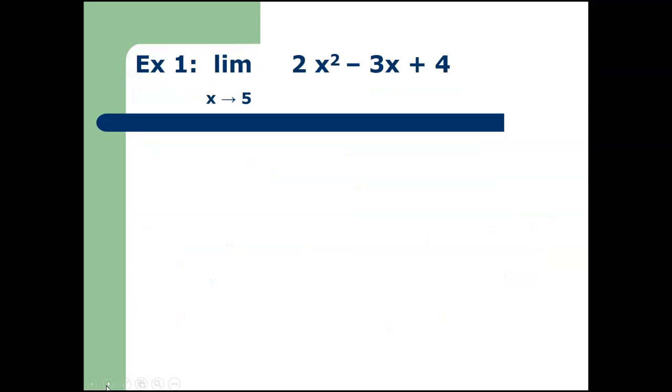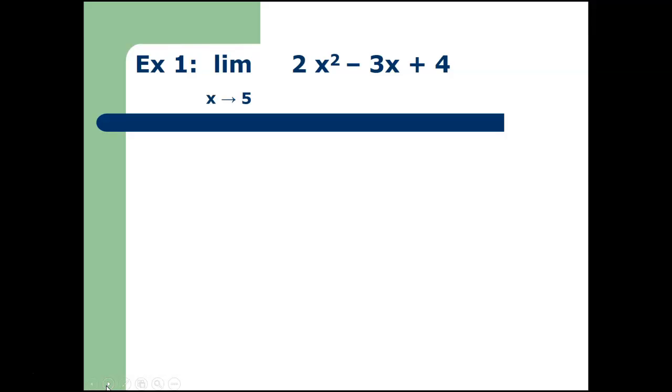The limit as x approaches 5 of 2x squared minus 3x plus 4 is a polynomial function. Polynomial functions are always continuous. So since the polynomial is continuous, I should get a nice number. When you take the limit, you write down the limit until you plug the value in.